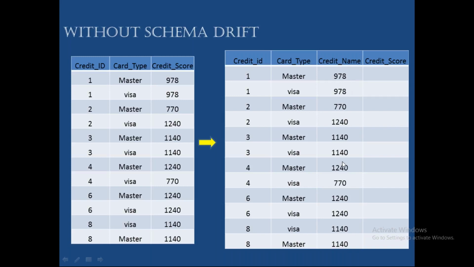Instead of credit name, this value is coming, meaning this data is populating in a wrong column. The reason is you are not allowing schema drift. The schema should be identified properly, it should be drifted, right? So if you go without schema drift, some issues will come. This credit score data will go here as you just removed this particular column.